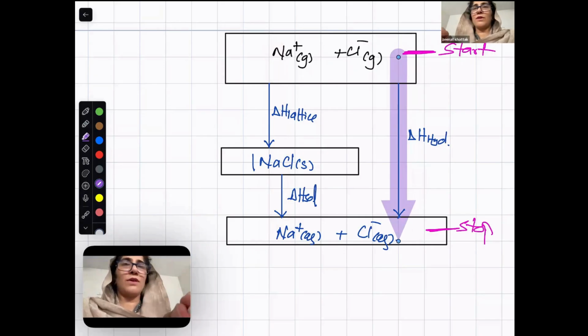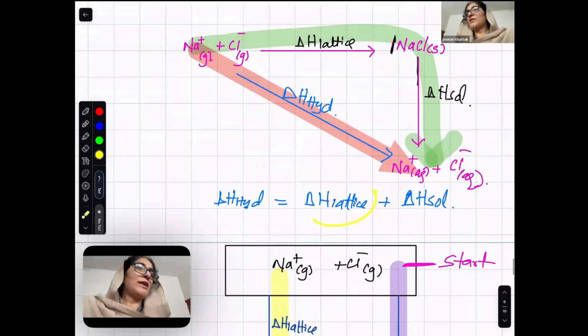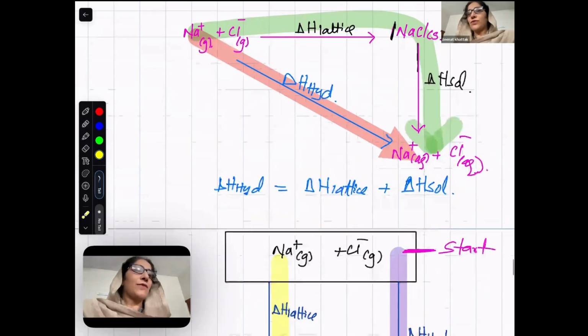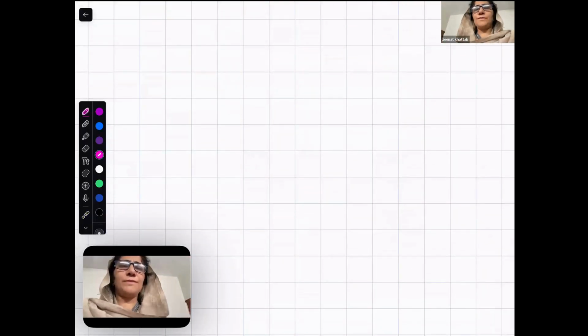Yeah, this way. And now look. Can we say lattice plus solution is equal to hydration? Of course. Lattice plus solution is equal to hydration.